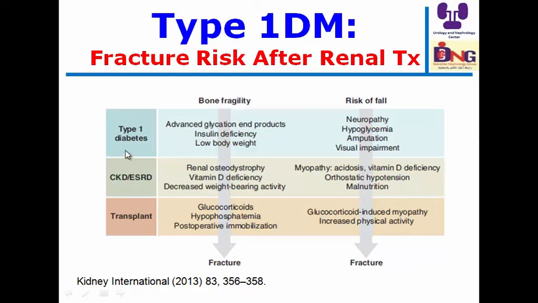But you can say, if the plasma glucose is normal after transplantation for many months or years, and then the patient develops hyperglycemia that persists, this is new onset diabetes after transplantation.